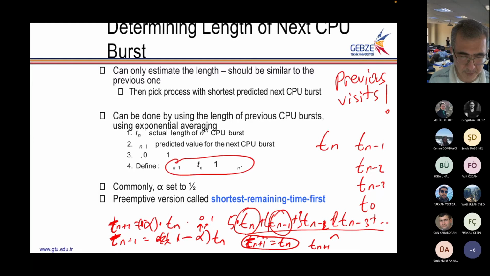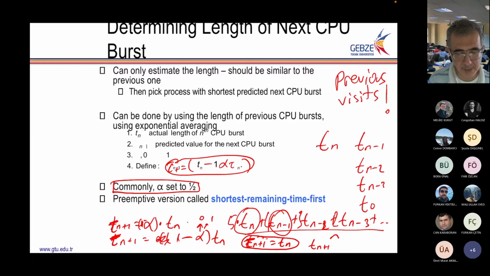This part didn't come out. Tau n plus 1 is equal to alpha Tn plus 1 minus alpha tau n. Okay, I fixed it.